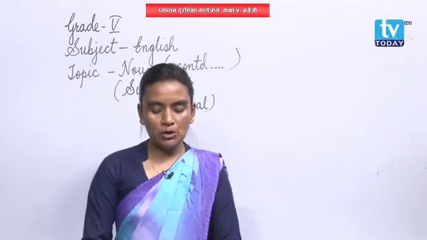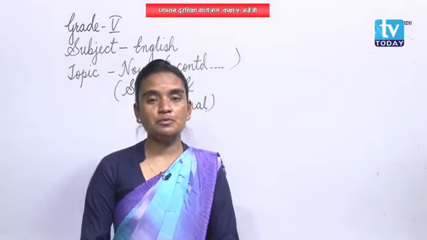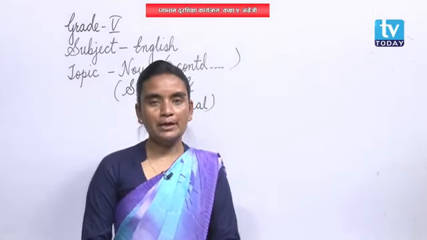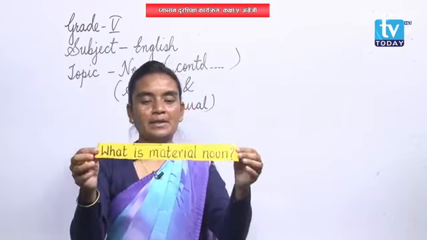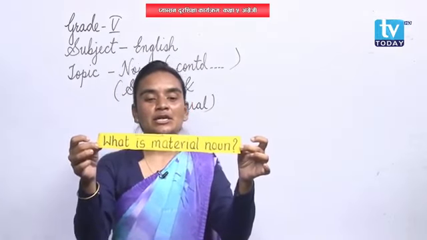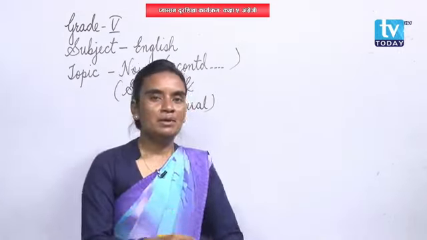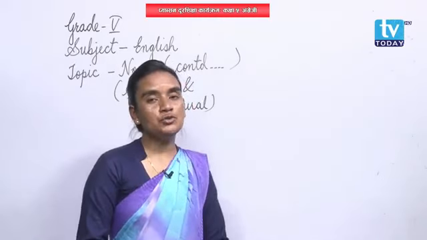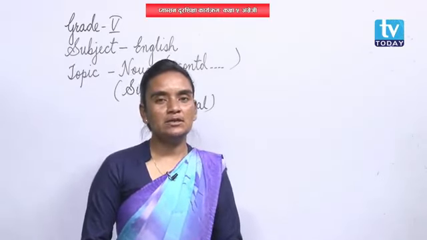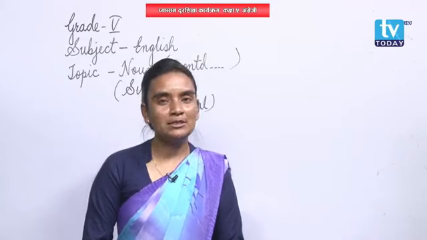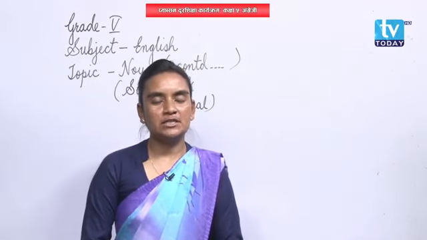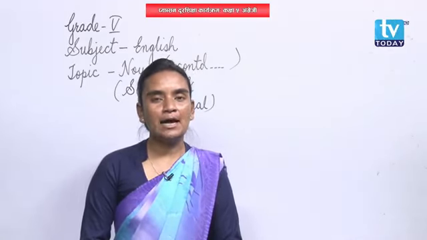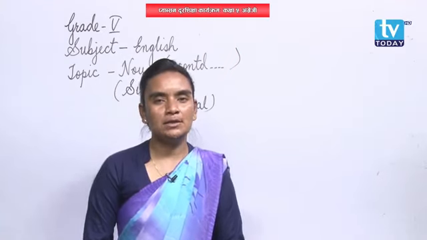Beside that, let me go for the next question from this ball. Dear children, you can see here. What is material noun? Material noun denotes those names which are also matters or substances. For example, we have gold.